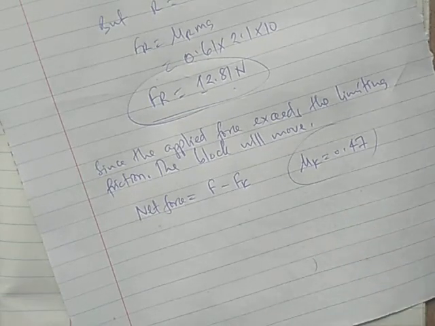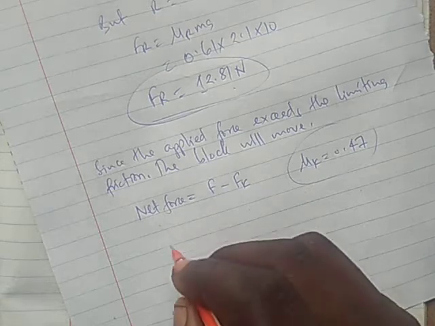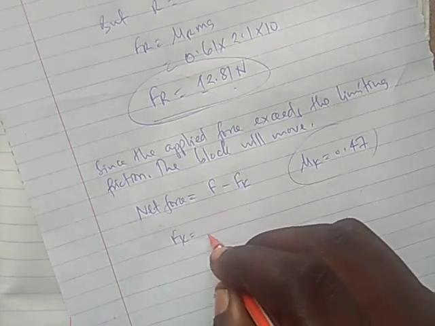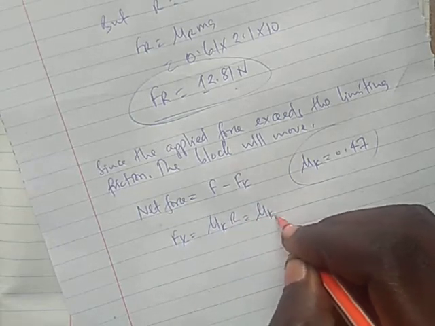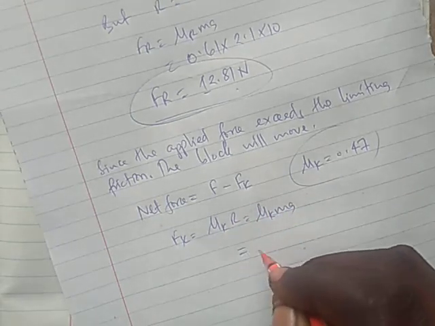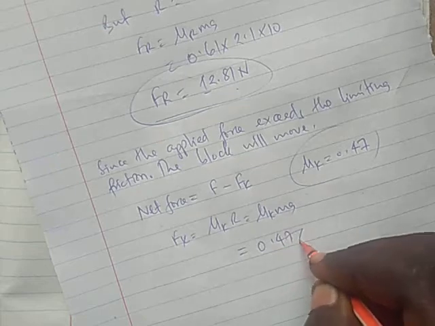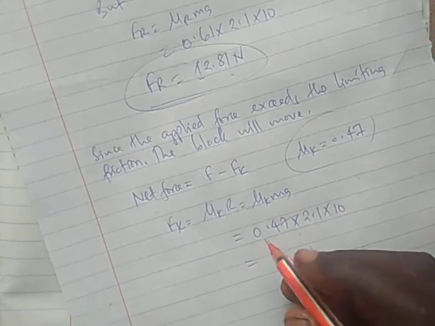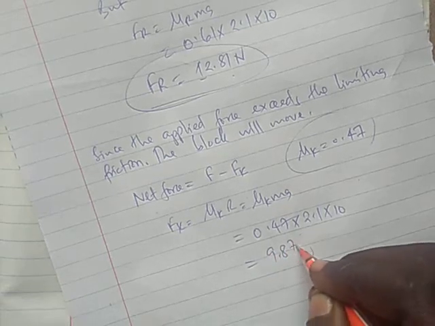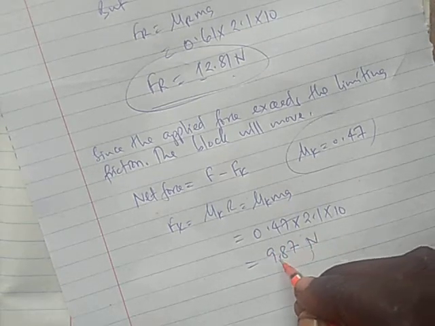Hiyo ni coefficient kati ya aluminium na steel. Kwa hiyo tunataka kupata net force. Fk kwanza itakuwa sana mu k, then normal reaction R, which is mu k mg. So itakuwa sana 0.47 times 2.1 times 10. Multiplying this, we'll get 9.87 Newton.